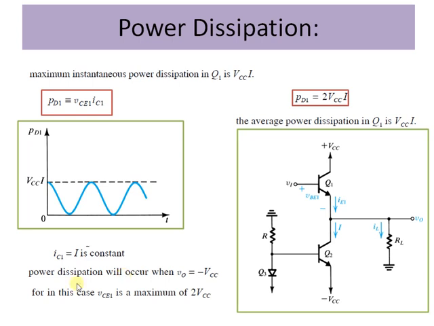So the maximum power dissipation will occur when Vout is equal to minus VCC, and here VCE1 in this case is equal to a maximum of 2 VCC. So we have PD1 equal to 2 VCC into I, and the average power dissipation in Q1 is equal to VCC into I.